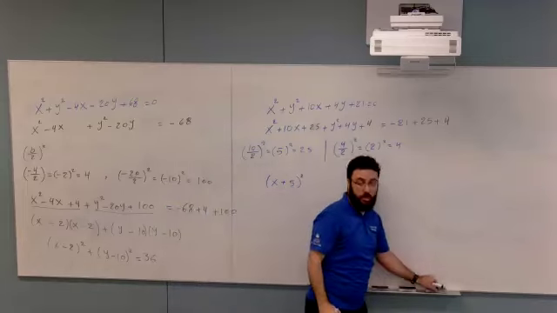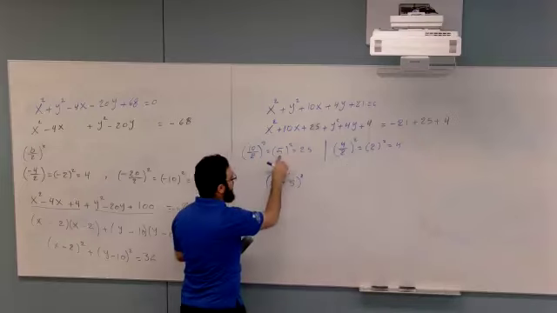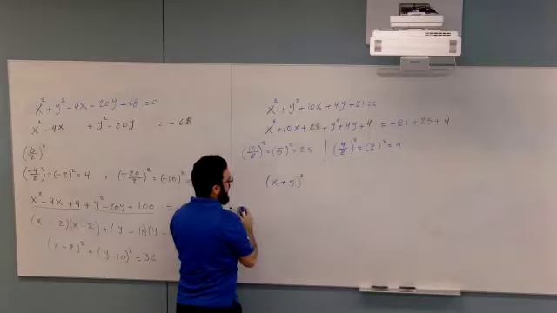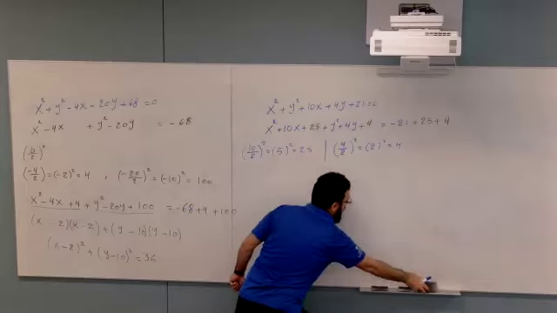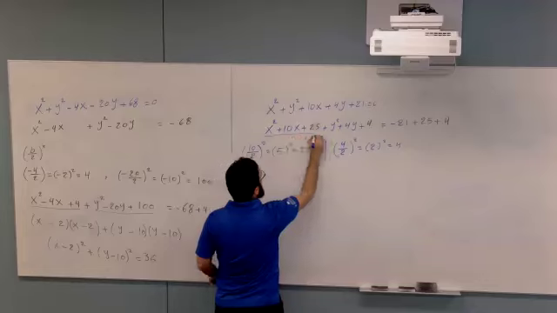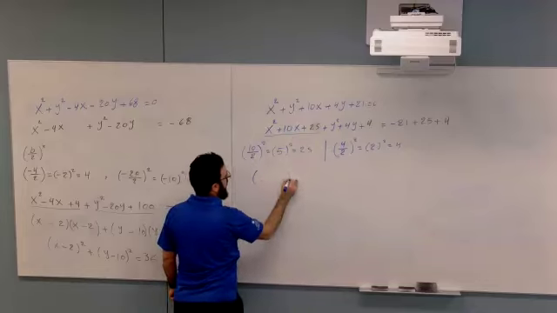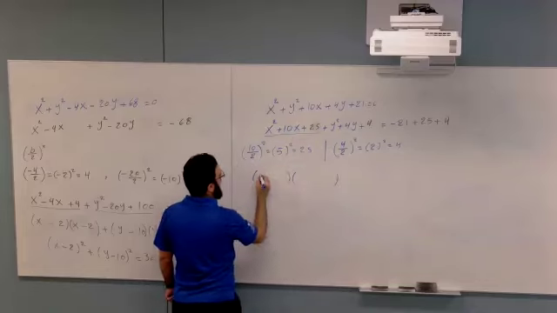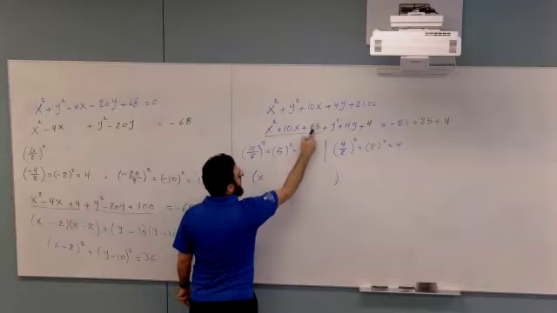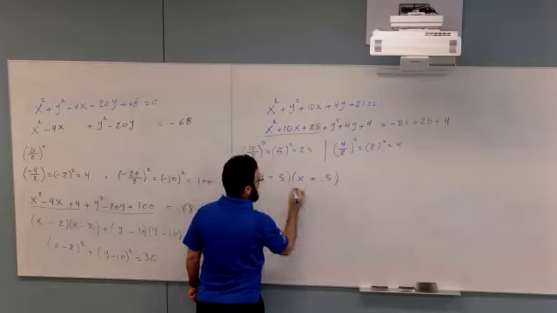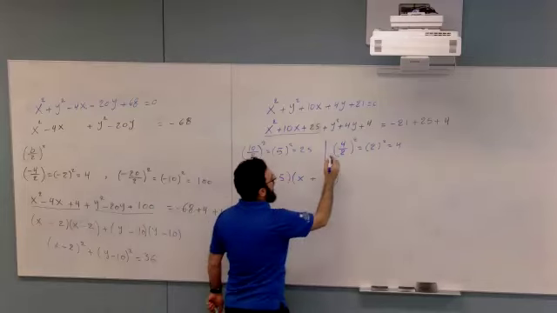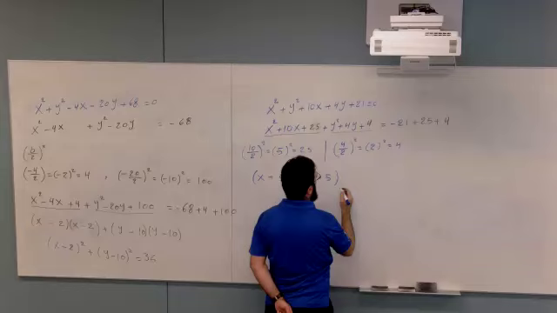And again, I told you, don't confuse yourself. If you can't do that, factor this piece: x, 25, which is 5 times 5. Both should be positive. Same thing here, factor this piece.